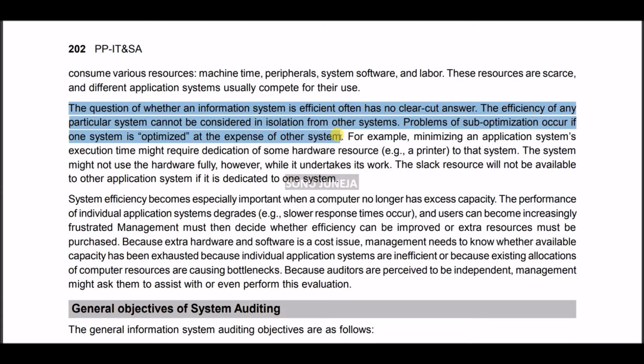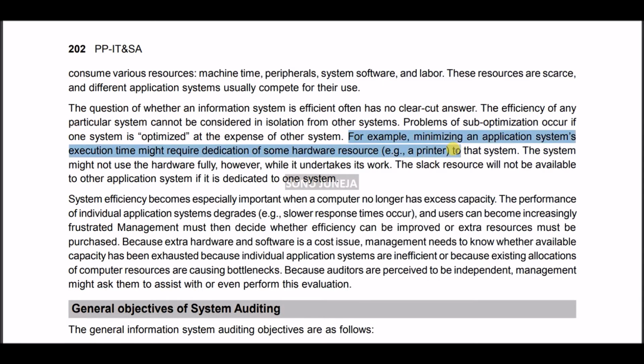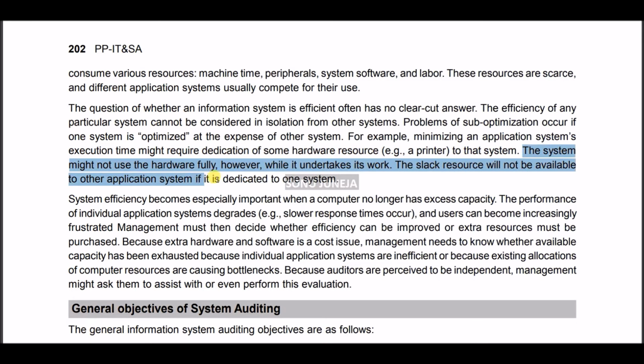system, meaning you made one system so good that the other system suffers. Let's say if I have to help someone, I'll compromise on my need to give a better outlook to the third one. Now, for example, minimizing an application system's execution time might require dedicating some hardware resource, let's say a printer, to that system. Now the system might not use the hardware fully.